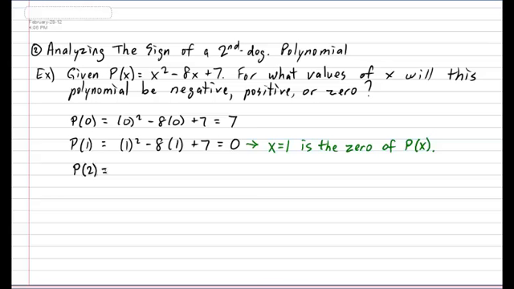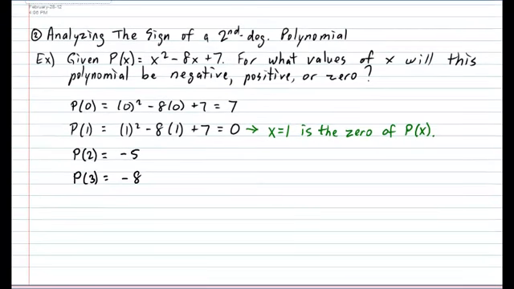So, if you calculated correctly, you should have gotten a value of negative 5. Interesting. It starts being negative. Let's keep going. How about we calculate the value of the polynomial when x is 3? If you did everything correctly, you should have gotten the value of minus 8. Interesting, still negative. Let's keep going.